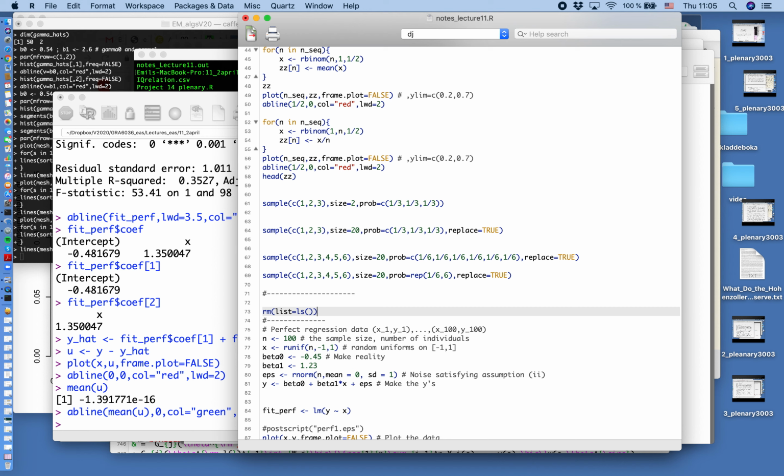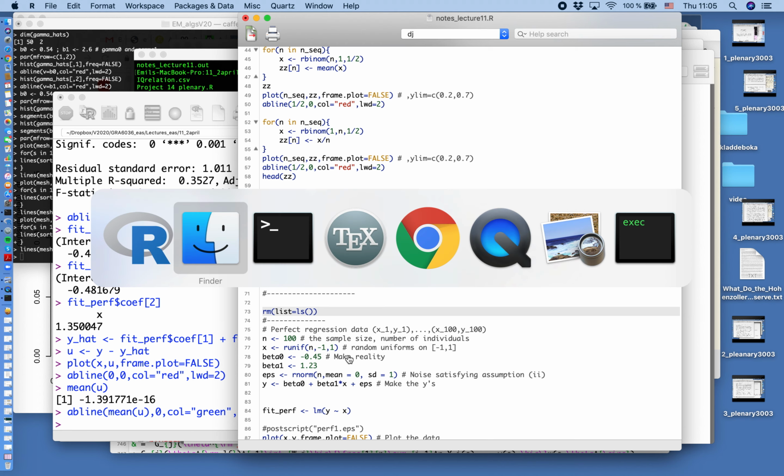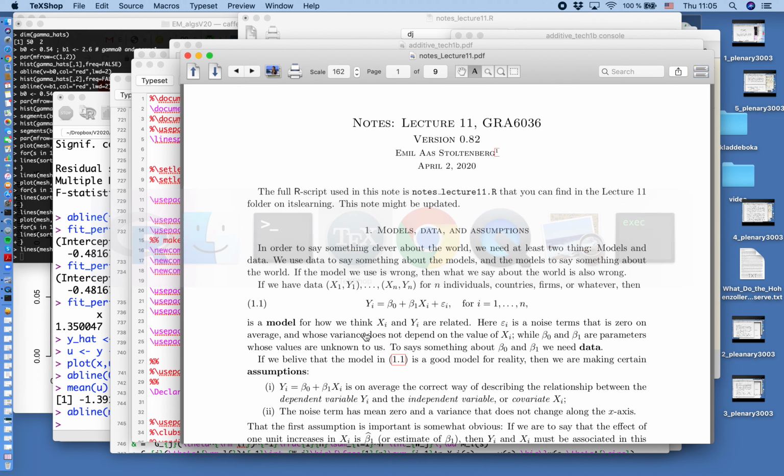So what I mean by a perfect model is that, for example, if we say that this is a model for how x and y are related, then this is in reality how x and y are related.